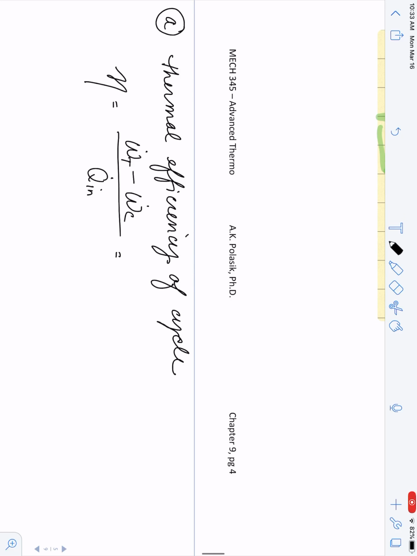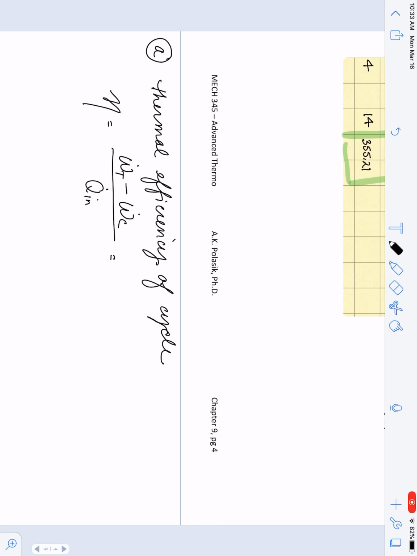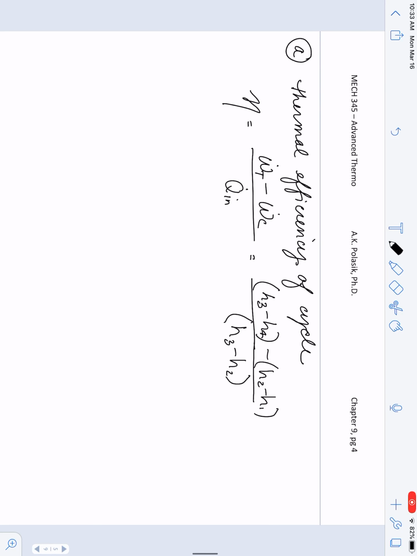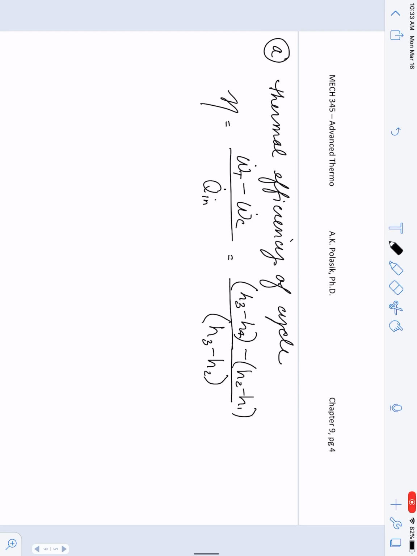We've already covered previously that for an air standard Brayton cycle, that is H3 minus H4 minus H2 minus H1 divided by H3 minus H2. And we've derived that several times in class. So this, when we put in our values above, and I'll leave that for you to do, is 34% approximately.